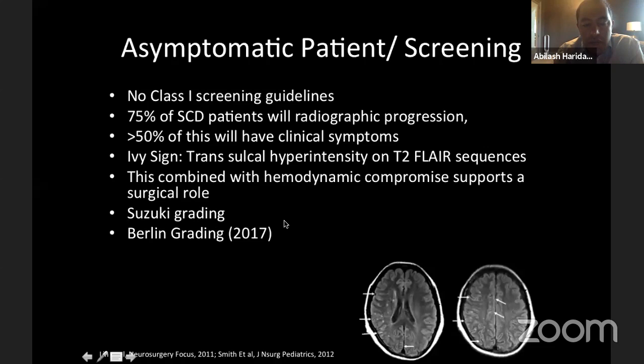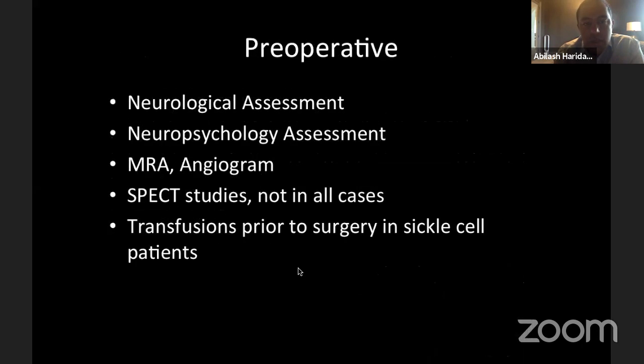The Suzuki grading system, I'm not going to go into detail, but this is an angiographic evaluation for moyamoya, and now a more updated Berlin grading. You can read this in a stroke paper from a couple of years ago, where they've looked at MR perfusion studies to grade moyamoya. So this is a more updated and recent grading system.